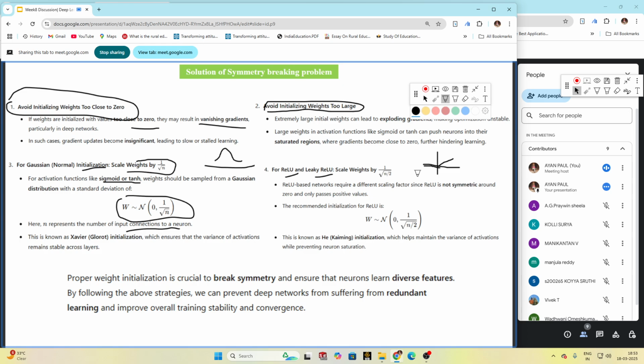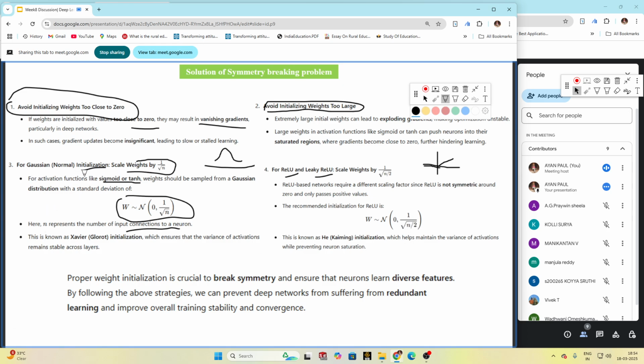That is why we now scale differently. Earlier we scaled by 1 by root n, but now we will scale our weights by 1 by root over n by 2.